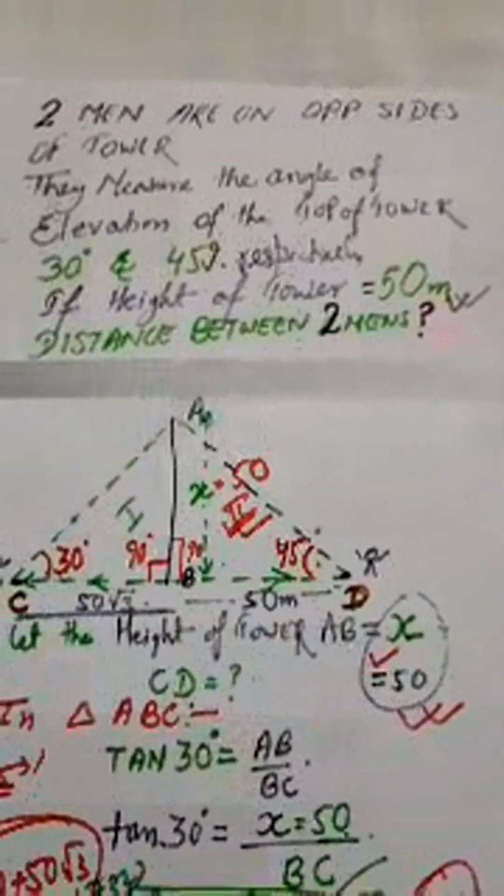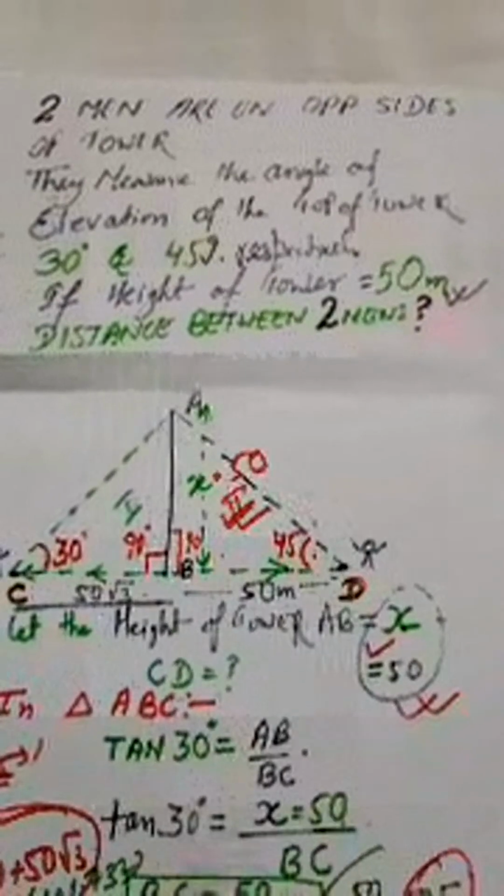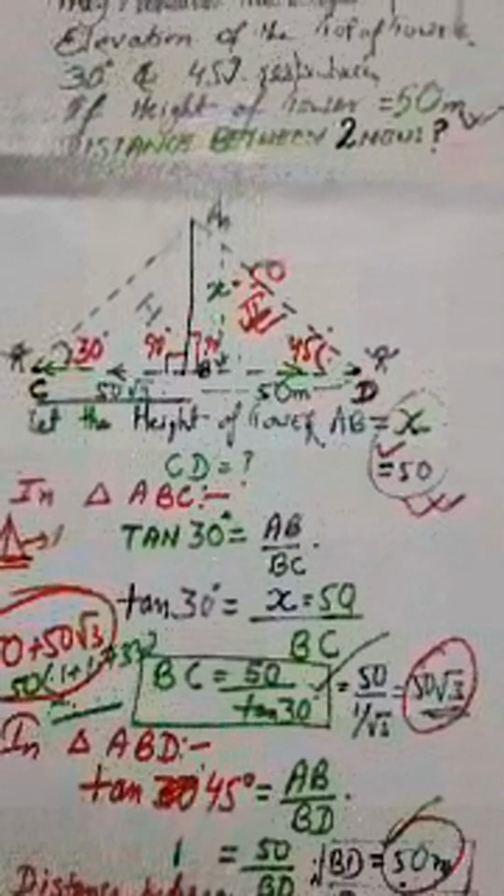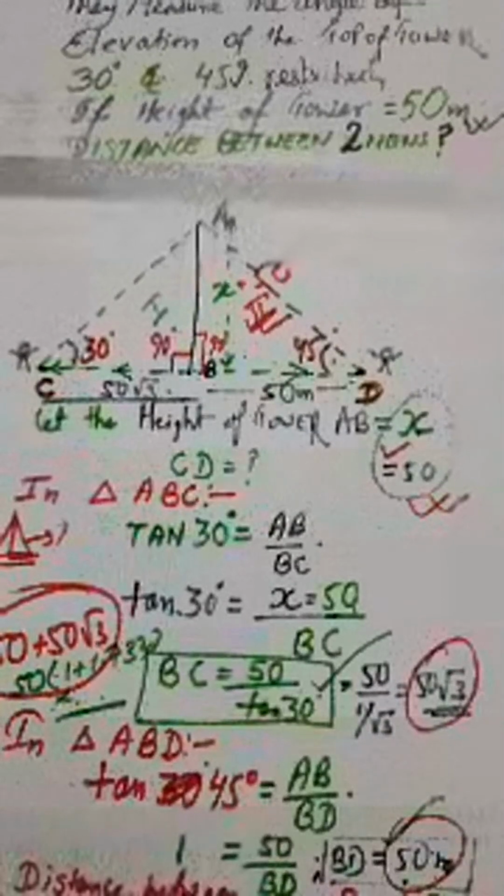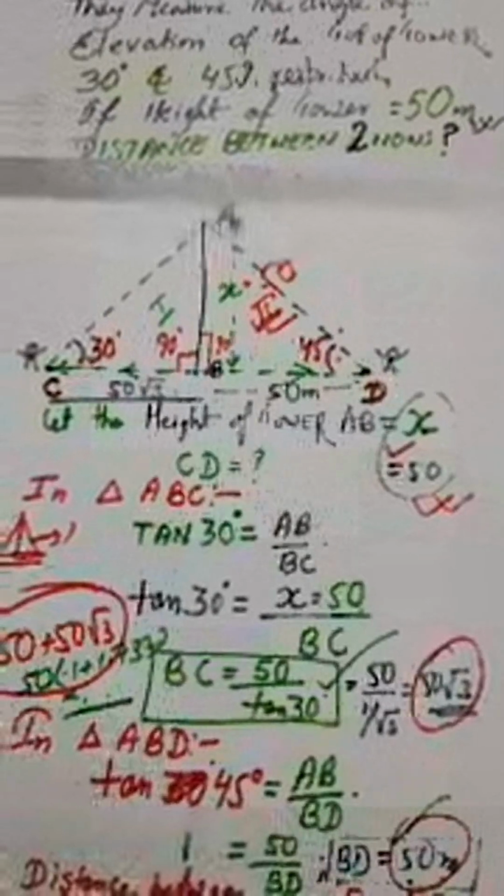If the height of the tower is 50 meters, then calculate the distance between the men. We have taken this question, where AB is the tower, C and D are the positions of the two men, and the angles of elevation are given as 30 degrees and 45 degrees respectively.